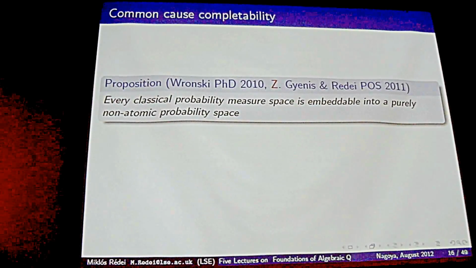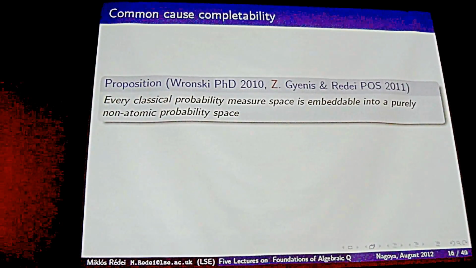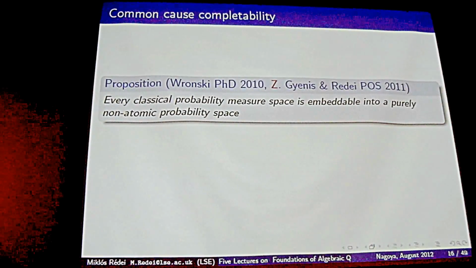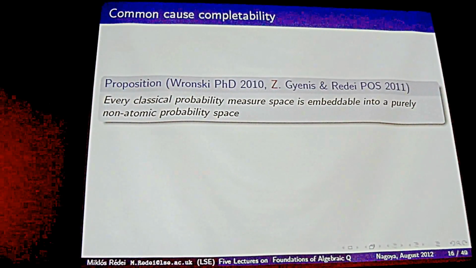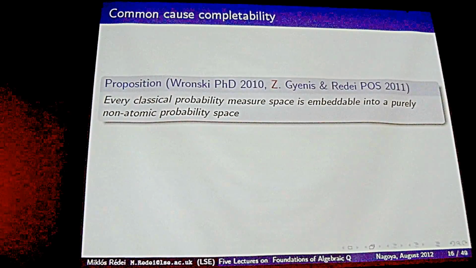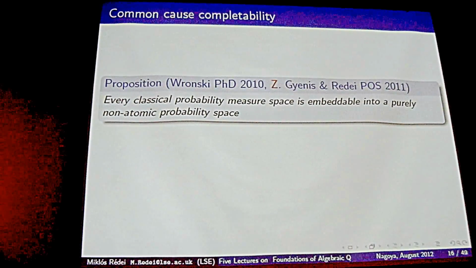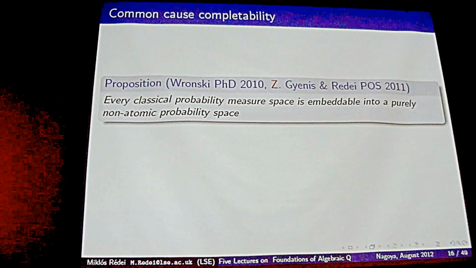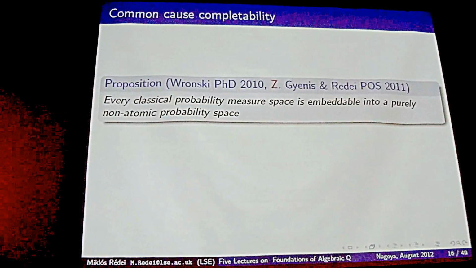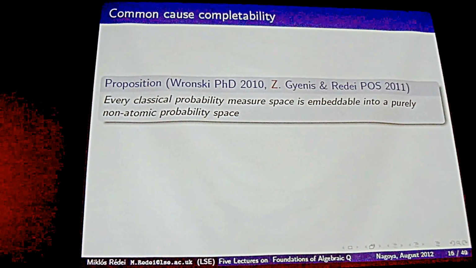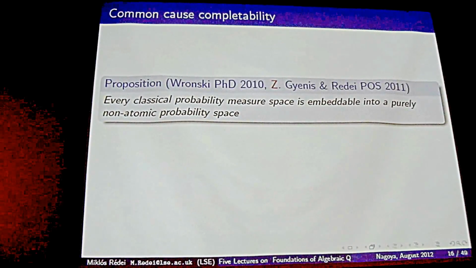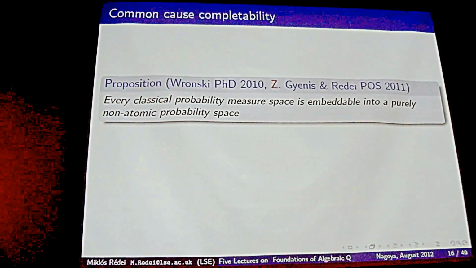This common cause completeness result also makes it possible to show something which is a strengthening of the proposition which I stated before, which was that if you have logically non-independent sublattices in a finite Boolean algebra, and it is not common cause complete with respect to that, then you can extend it in such a way that the extension contains a common cause for that particular correlation.